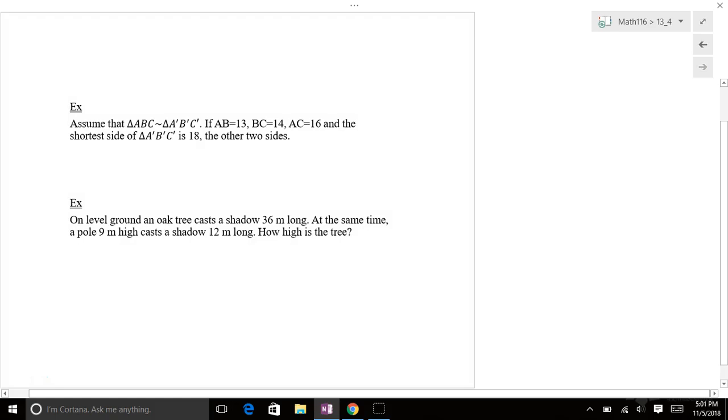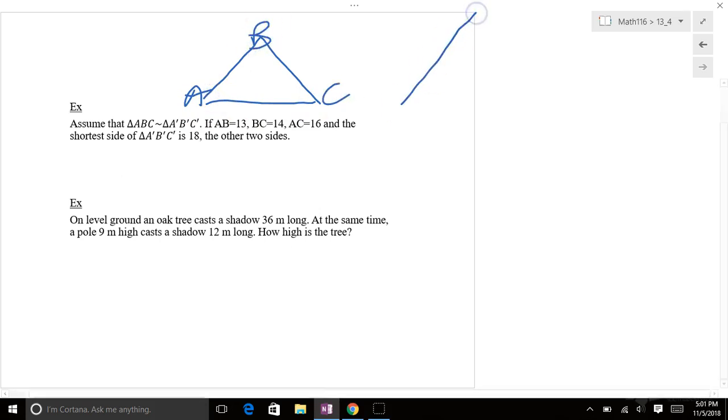Assume that ABC is similar to triangle A prime, B prime, C prime.